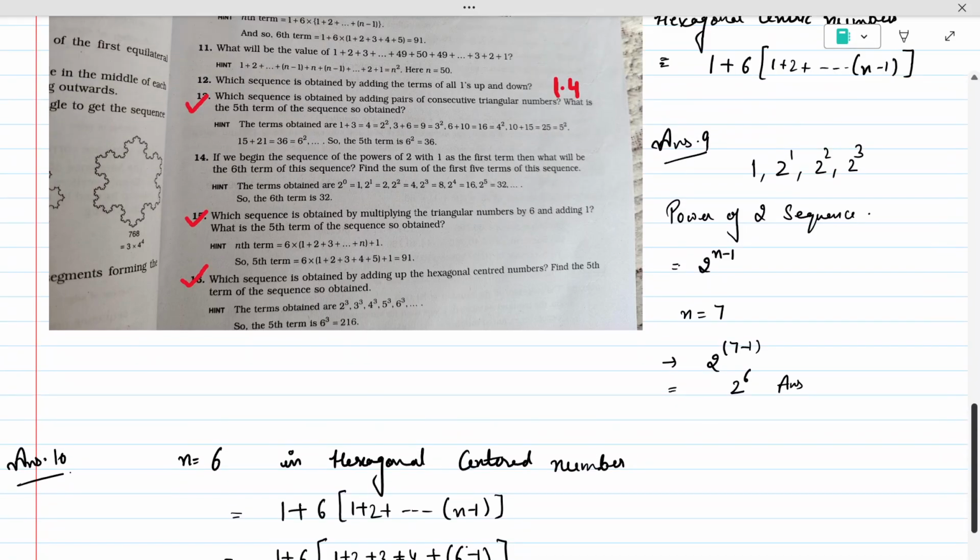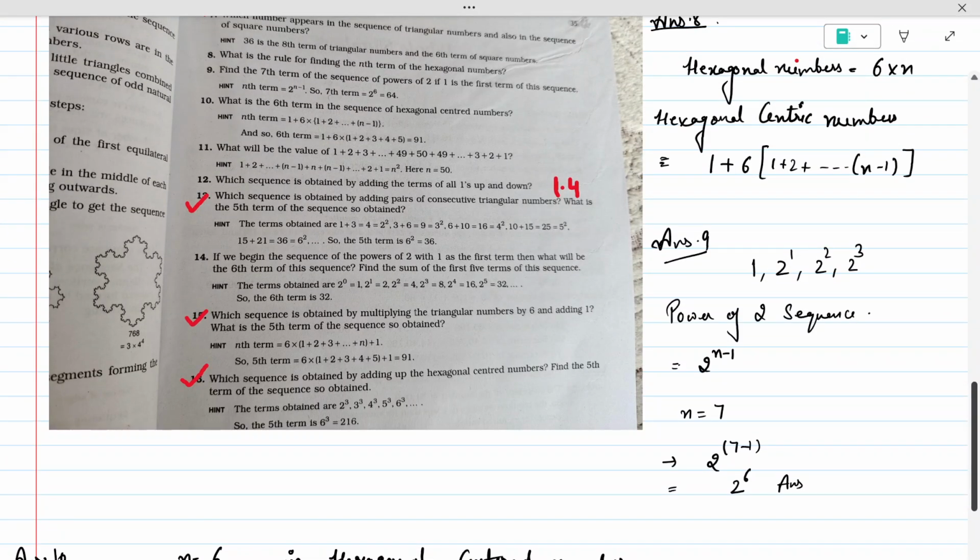Okay. Next is, what will be the value of 1 plus 2 up to 50 and down? So kids, what is this in question number 11? This is counting numbers up till 50 and down. So if we are counting numbers up and down, it will give us a sequence of squares. We have done this. Okay.